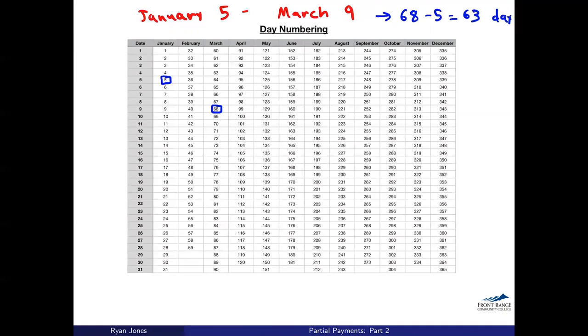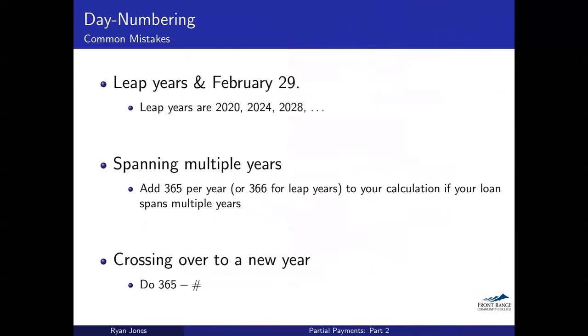But if we are in a leap year, then we actually need to add 1 to that to get 64 days. And you'd have to know if we were talking about a leap year. I mean, you'd have to know that we were in a year of 2020, 2024, 2028, and so on. So leap years you got to watch out for. You may have to add another day.